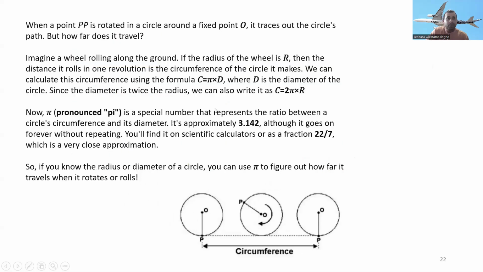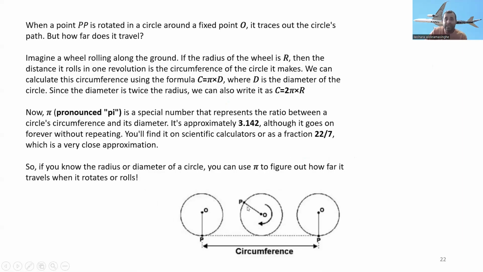Circumference. When the point P goes around the fixed point on the circle's path, how far does it travel? Let's see how far. Imagine a wheel rolling along the ground.